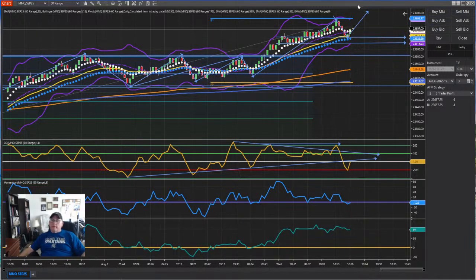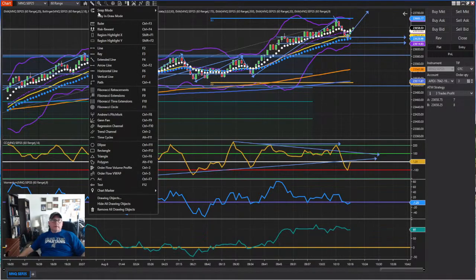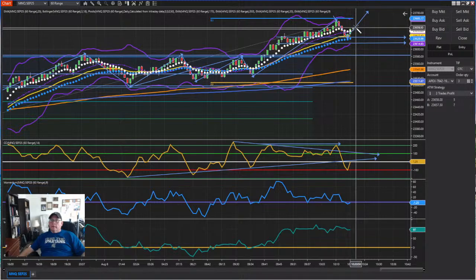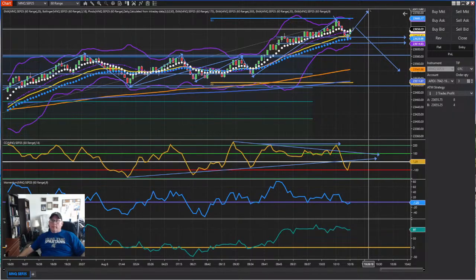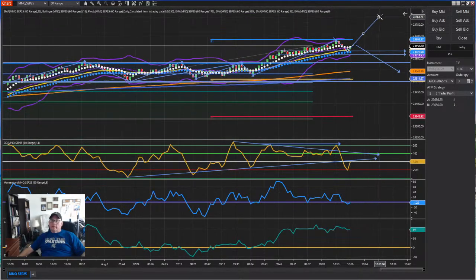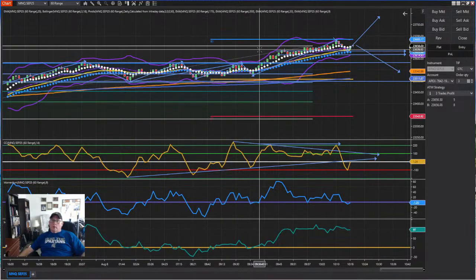And then back up again. Break out this way, fake out this way, up we go. See how this next bar forms here. So here's the danger point that we're in right now. We're in a BC correction perhaps, or we're continuing the trend up, or it's just going to hang out right where it is.